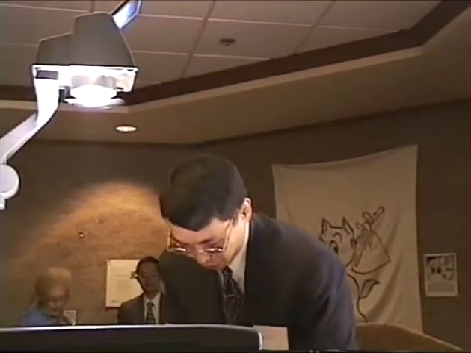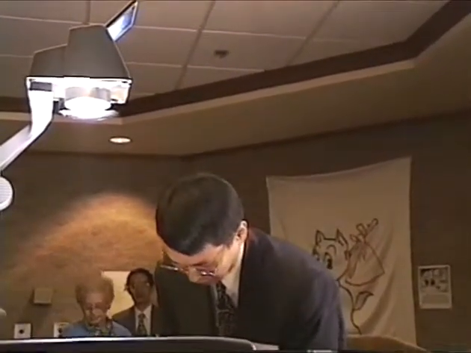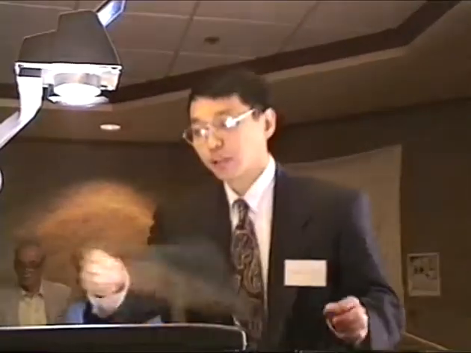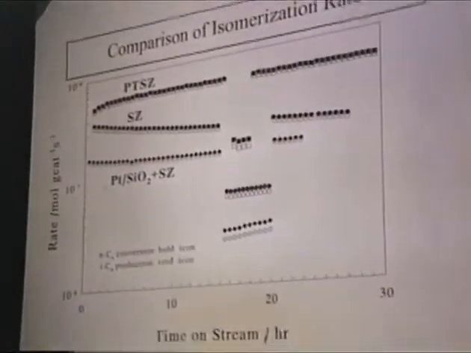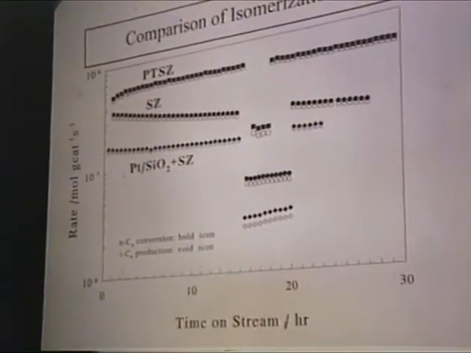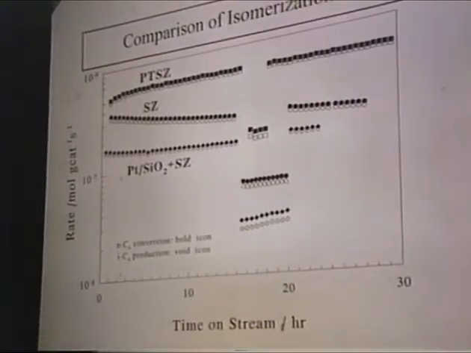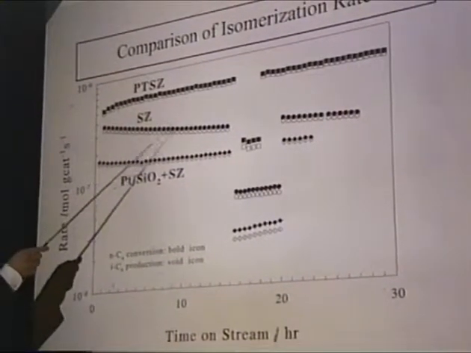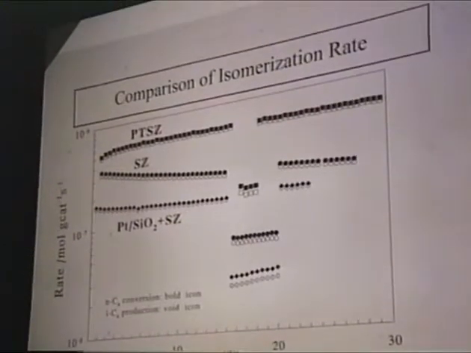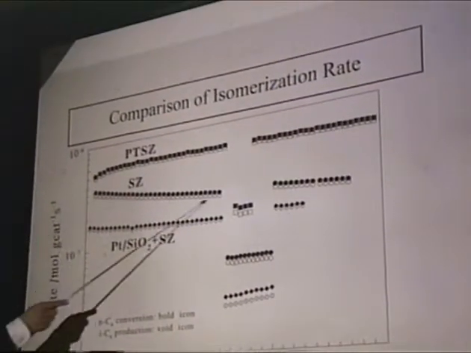I can only quickly show you the result, so let me spend a little bit of time here. We did the sulfated zirconia under hydrogen at higher pressure, and we found that this catalyst deactivates.